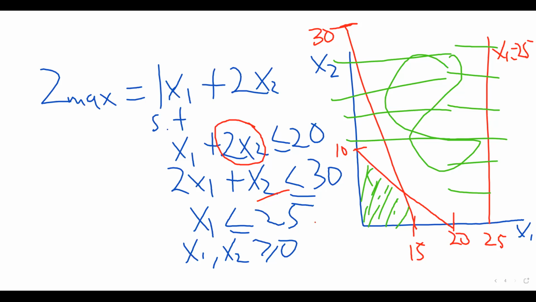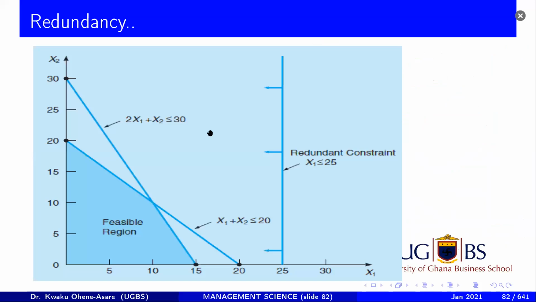If I give you anything, the best way to understand how it works is to draw the constraint and make sense out of the drawn constraint. So what I drew, this is the feasible solution area, and the region of x1 equals 25 is a redundant constraint.